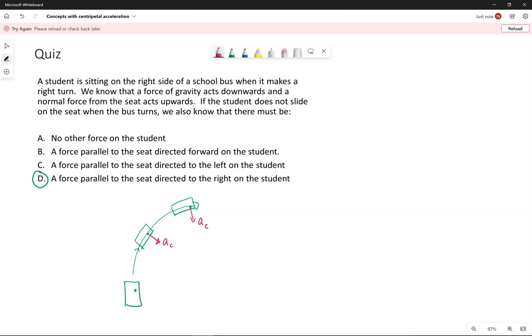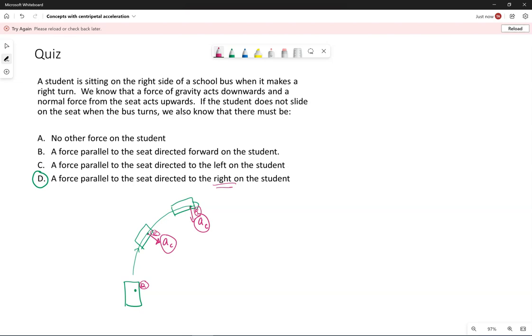So the force needs to be in a direction that points towards the center of the circle, the center of the curve that the bus is moving in. And so that's why there must be a force parallel to the seat directed to the right. So again, the right side of this bus is on the side, and so that's why directed to the right.